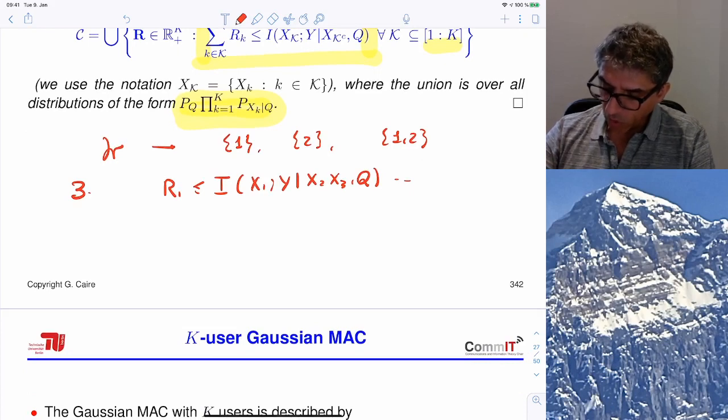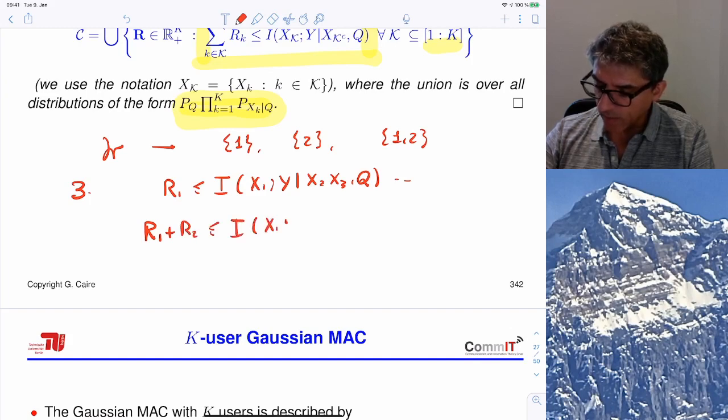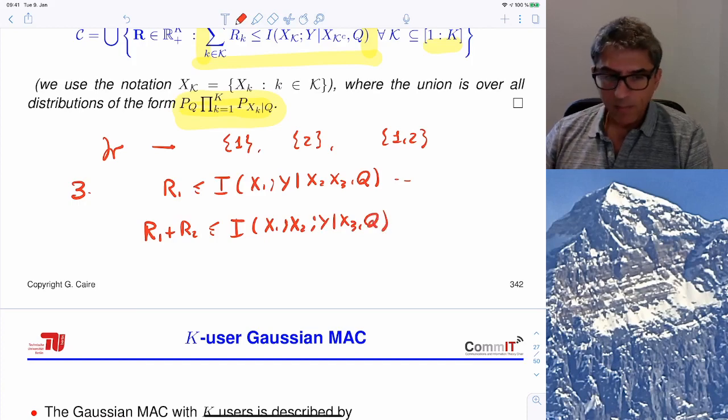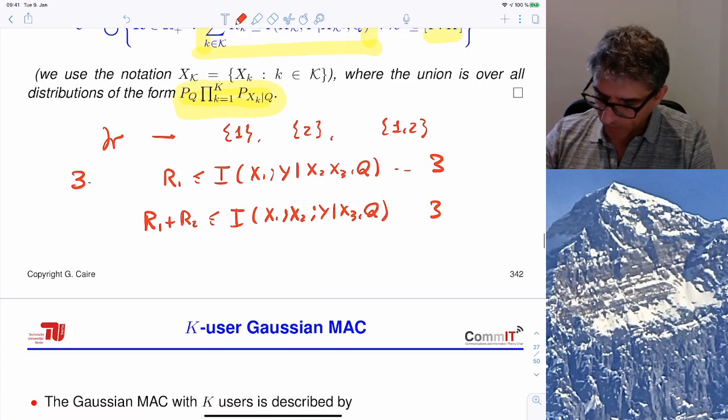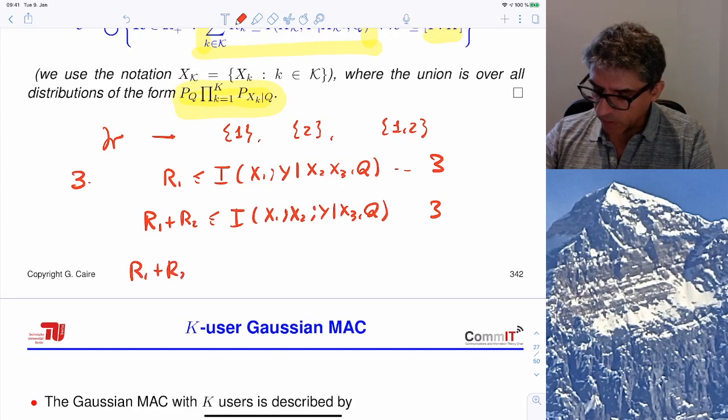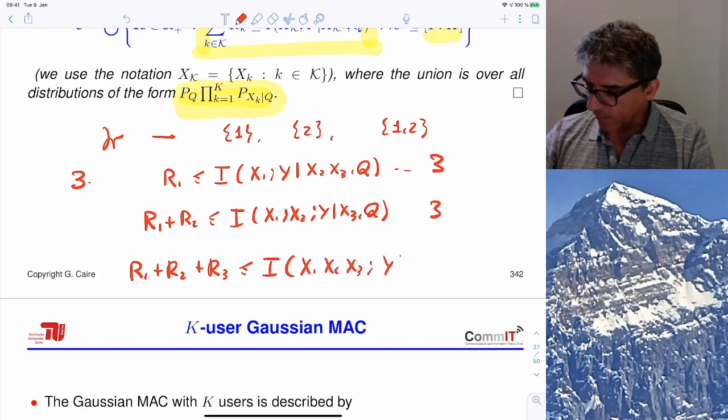Then for all possible sums of 2, R1 plus R2 is less or equal than the mutual information between x1, x2 and y given x3 and q, and we have 3 inequalities like this, for all possible 3 choose 2 pairs. And then we have the inequality for the sum rate, which will contain the sum of the 3 less or equal than the mutual information between x1, x2, x3 and y given q.